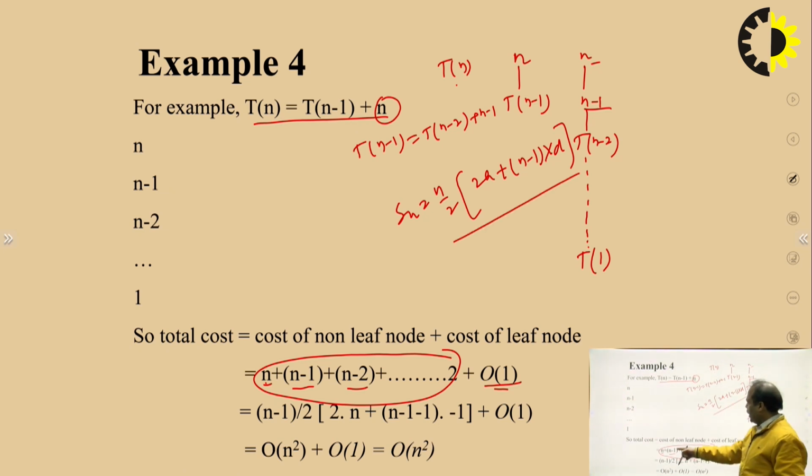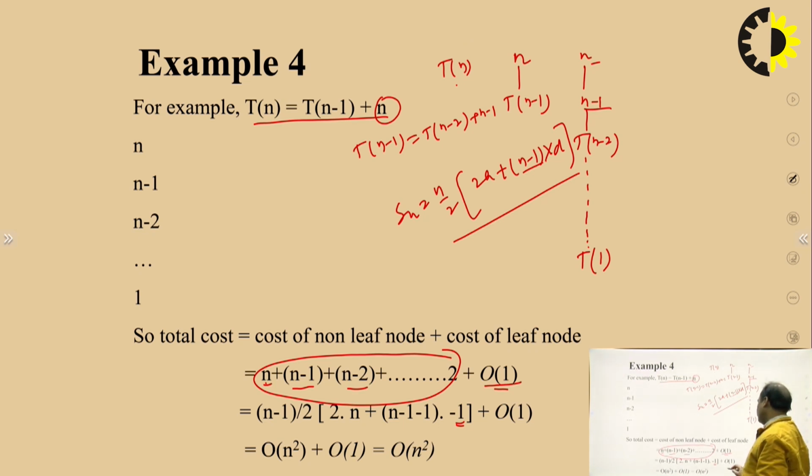And this is an arithmetic progression. So we have n minus 1 terms, so it will be n minus 1 by 2 times 2 times the first term. The first term here is n, plus n minus 1 into the common difference. The common difference over here is minus 1, so plus 1.